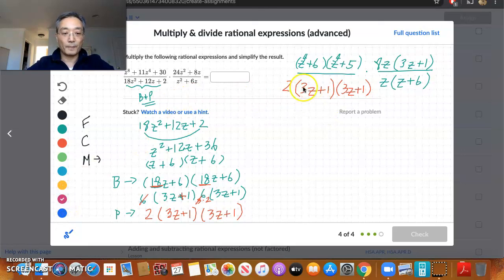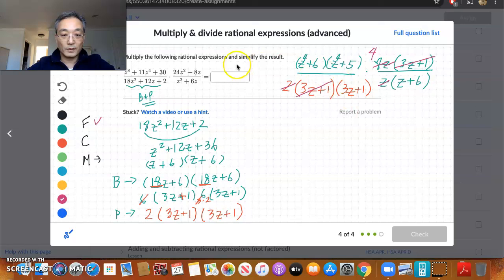All right, so factored. Now it's time to cancel. So we're going to have a 3z plus 1 with a 3z plus 1 here. The z's here cancel out. Okay, the 2 is going to cancel out with the 8, leaving me with 4. And I think that's about it.